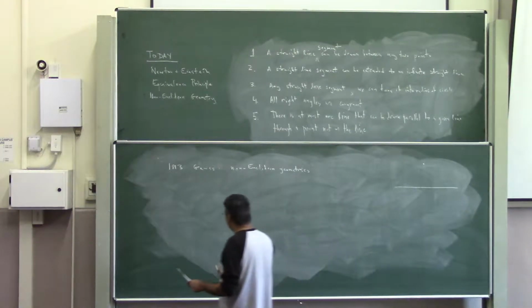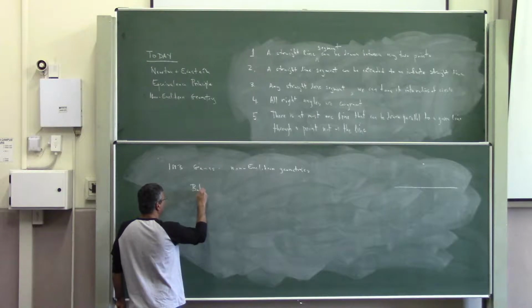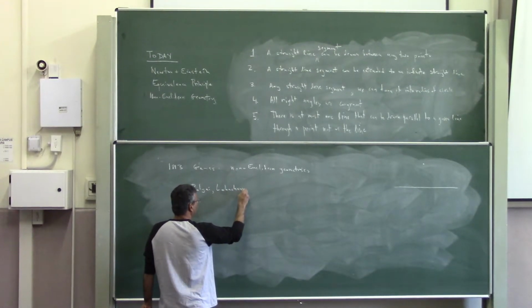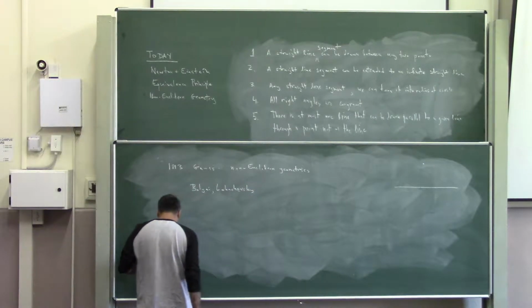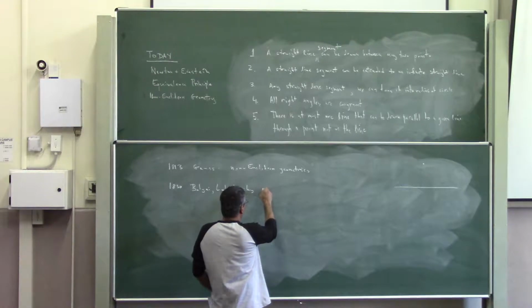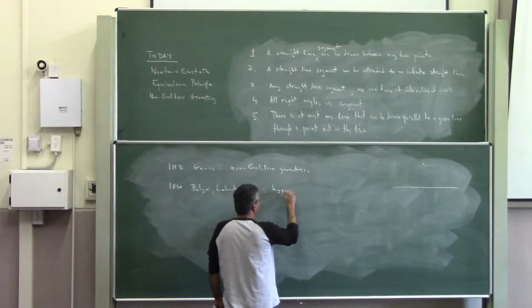So, Bolyai and Lobachevsky, independently, around 1830, looked at what's called hyperbolic geometry.